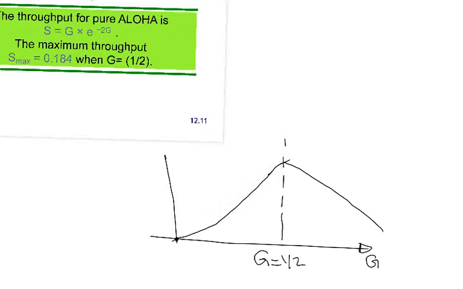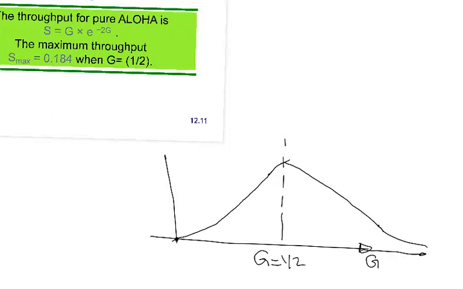That's why the throughput increases. After the value of g equal to 1/2, the load on the network starts to grow to the extent that we will have more and more collisions. Okay, and the more collisions we will have, the more the throughput will decay. And the throughput will decay against g exponentially as we can see.